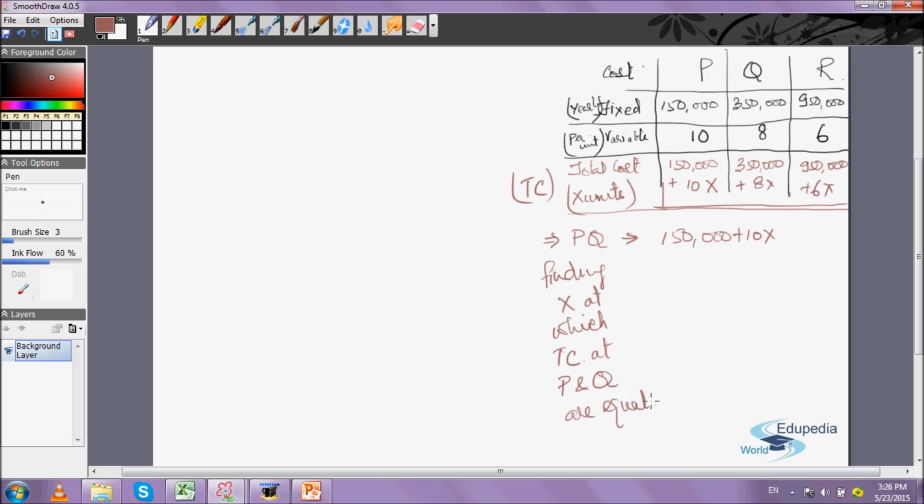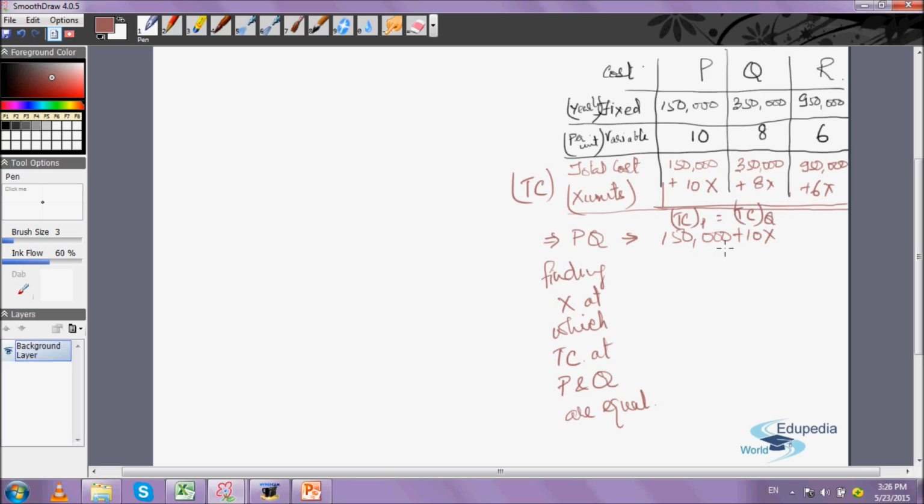So what is the quantity which, if we produce, the cost at location P and at location Q would be equal? We will have to equate the total cost at P and the total cost at Q.